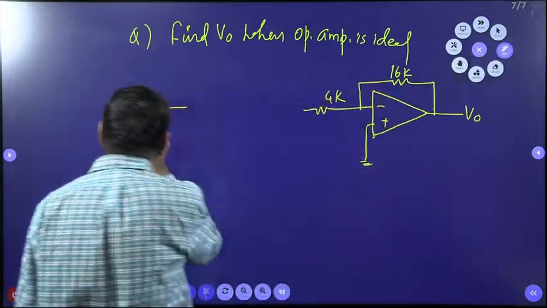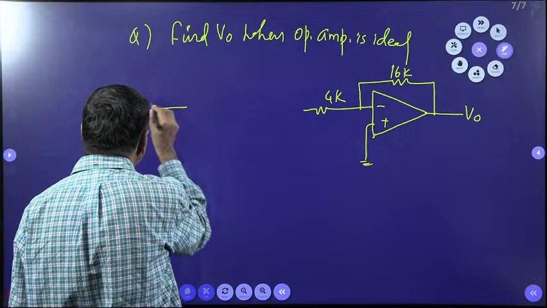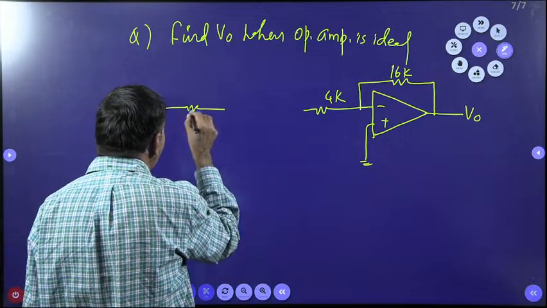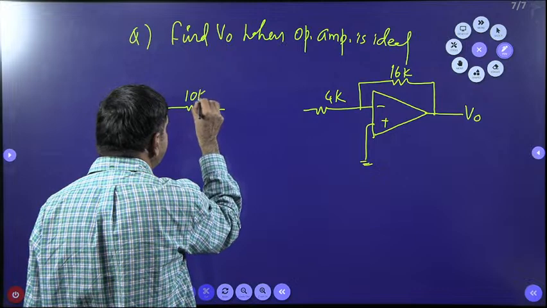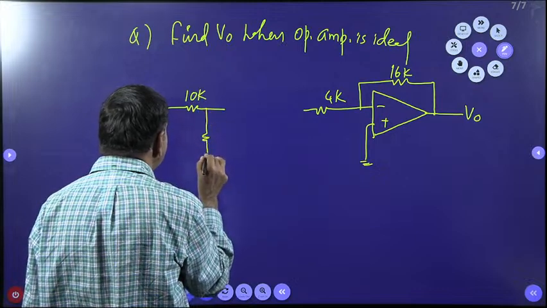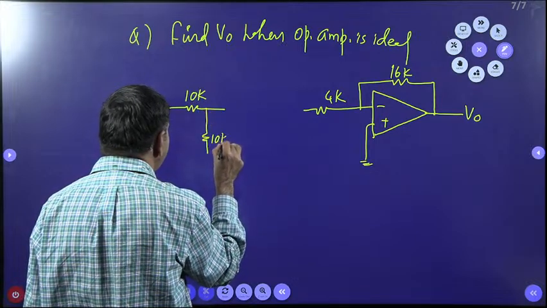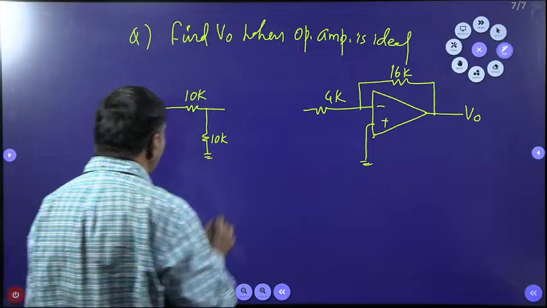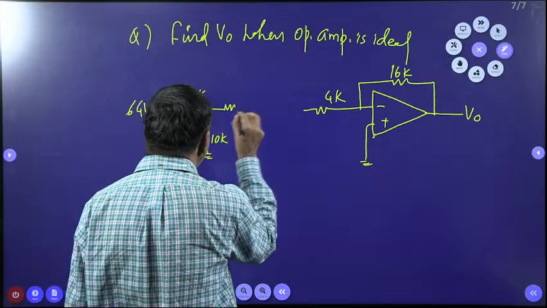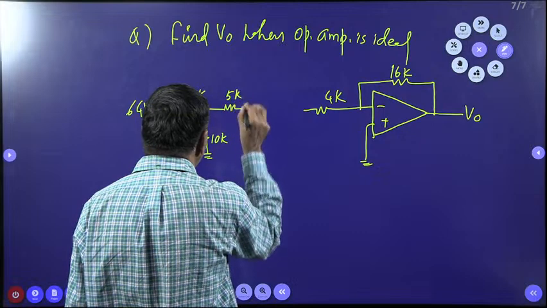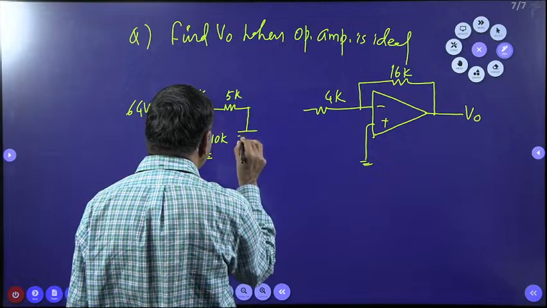This is connected with 4 volts. There is a resistance of 10K. Here connected with 10K. I connected here 5K. I connected here 10K.